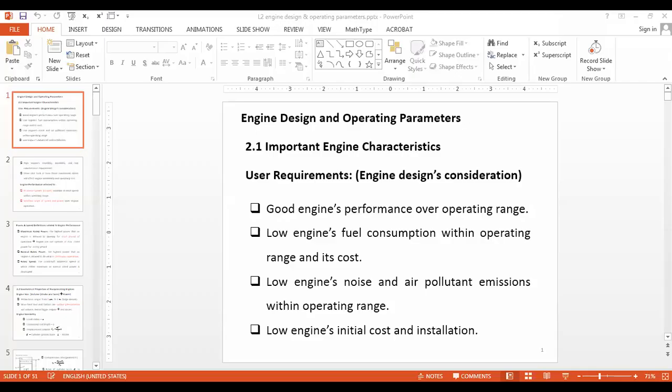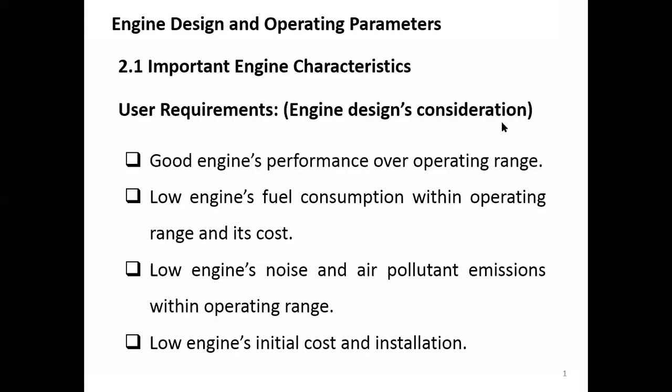Okay. So let's go for the second lecture. Today we will cover some part of the second lecture here. For the second lecture, we will talk about the engine design and the operating parameters. First, we will talk about the important engine characteristics.